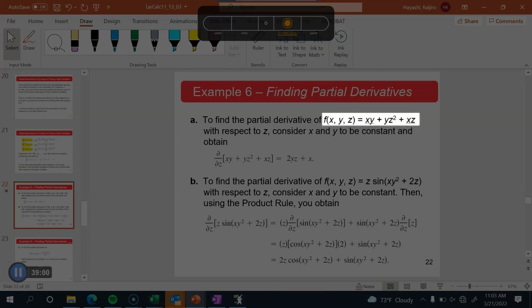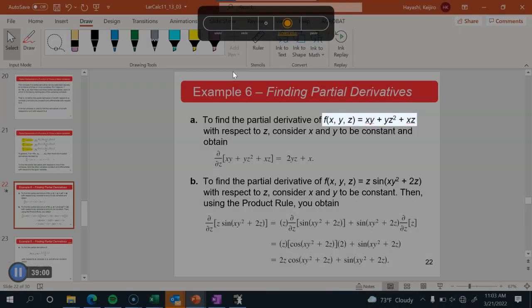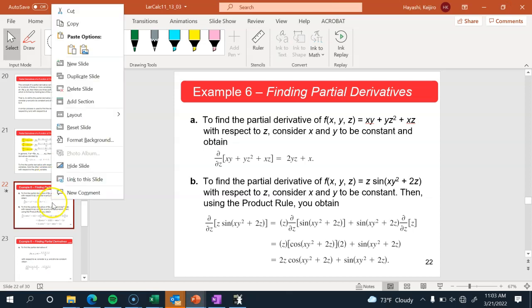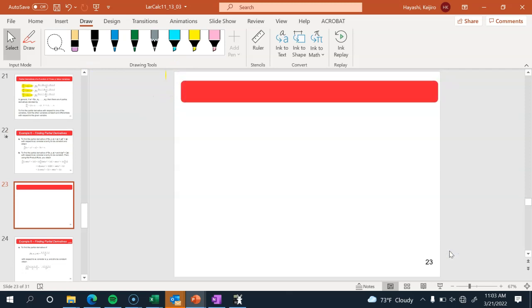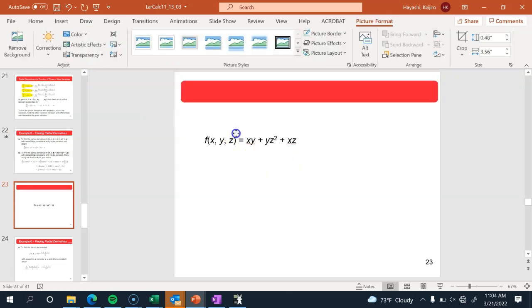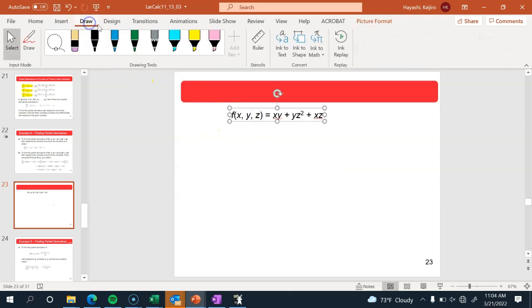Let's take the partial derivative of this, rather, with respect to z. That means we only consider z, and everything else is a constant. Everything else that's not z is a constant.